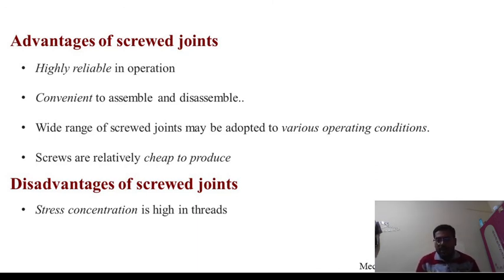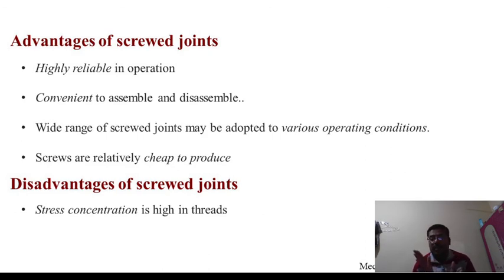Next, disadvantages. The disadvantage is that stress concentration is high in the threads. When assembling the parts, the stress concentration is high in the main threading portions. Where high stress concentration occurs, there may be chances of failure or breakdown of the threads.